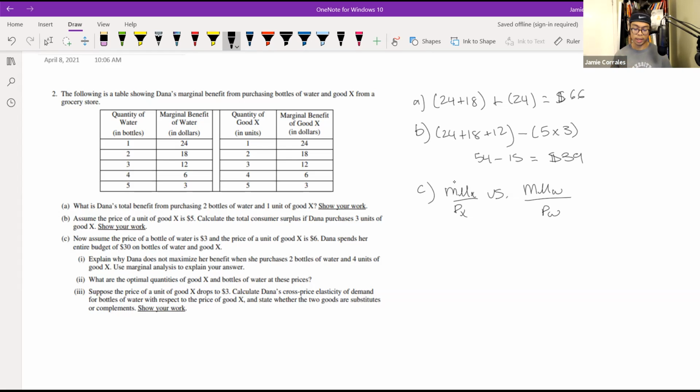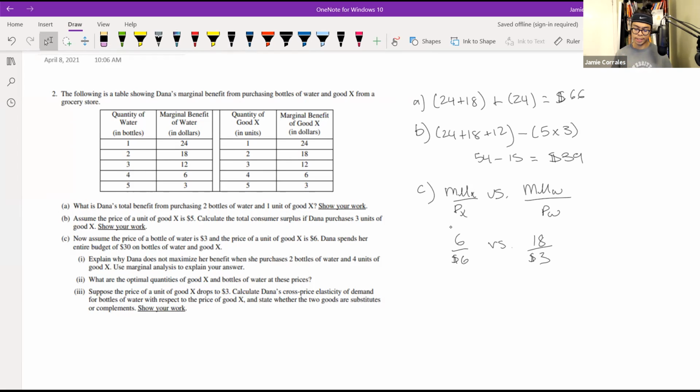So with 4 units of X, her marginal utility is 6, and the price is 6, versus the marginal utility of 2 bottles of water, which is 18, versus the price, which is $3.